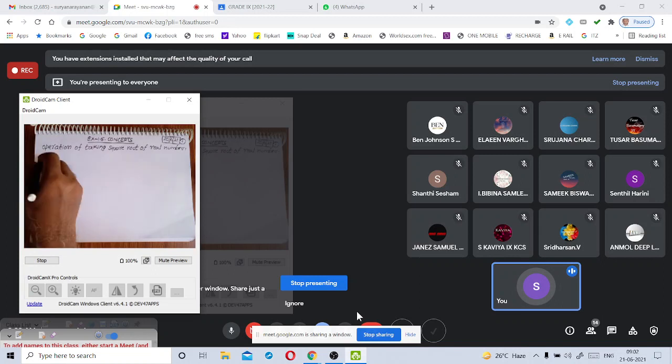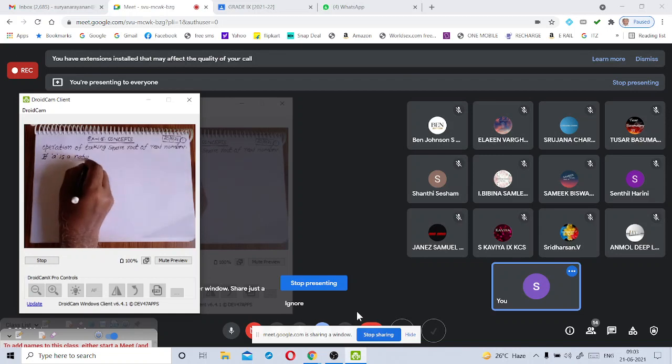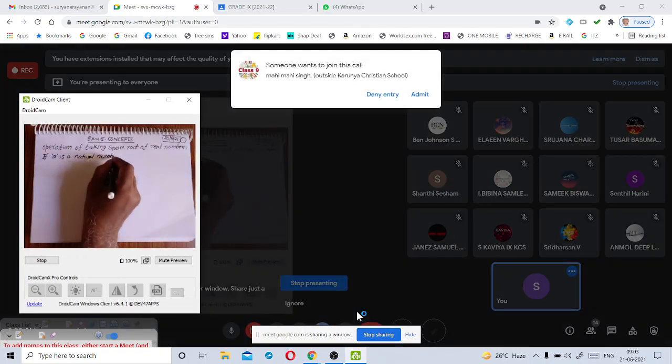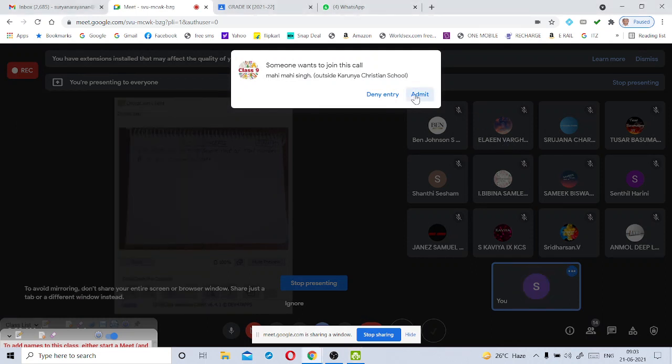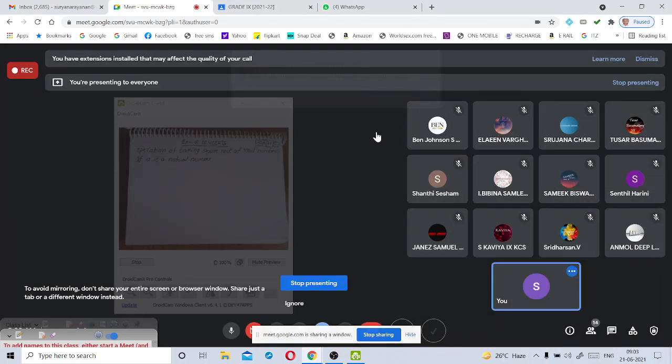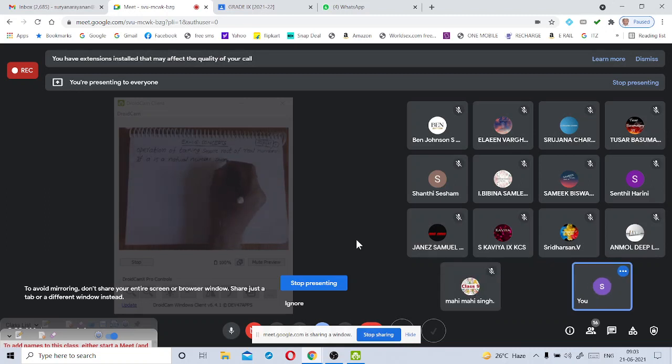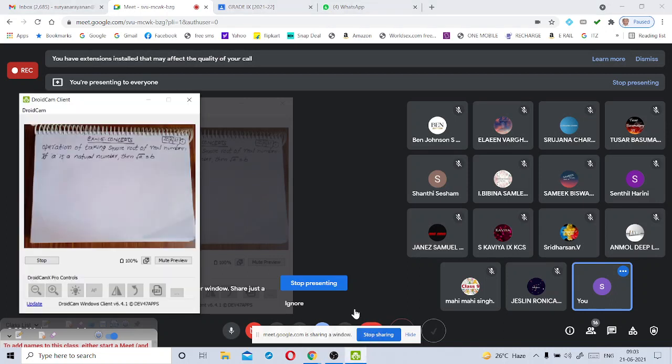If a is a natural number, then root a is equal to b, just like root 4 is equal to 2.